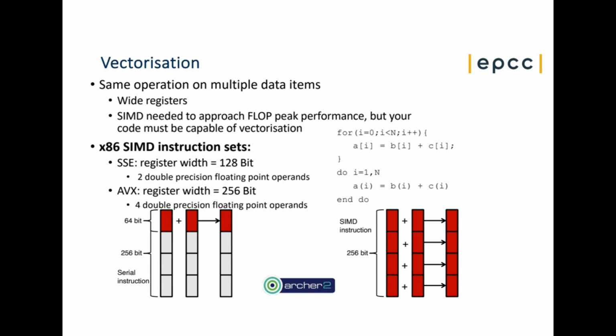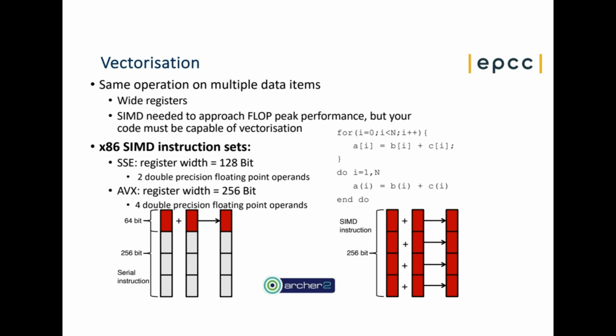Essentially, you can see that we have some code that looks like this, for adding 2 arrays together to give a third array. Using normal instructions, we would be adding 1 element at a time, so we would be doing serial. We would need 4 separate sequential instructions to do these additions.